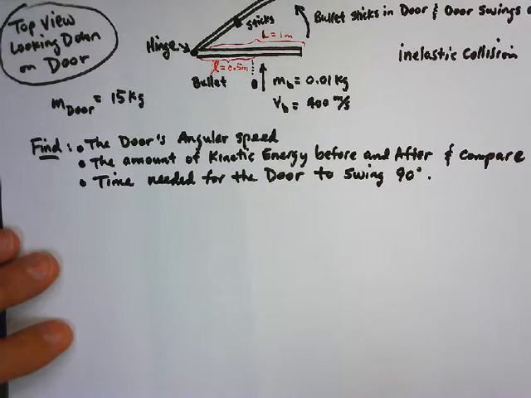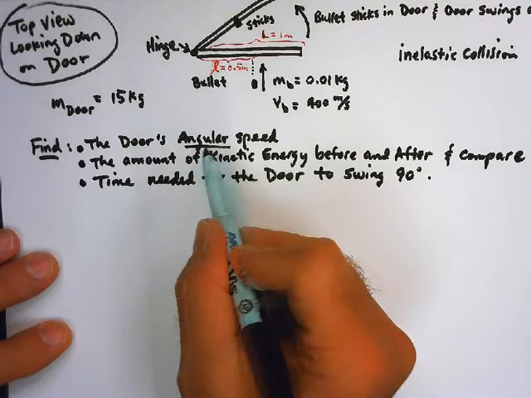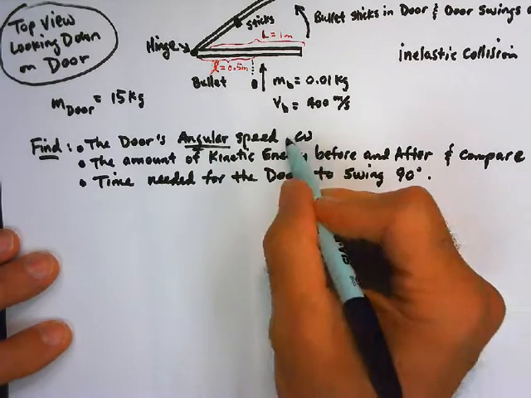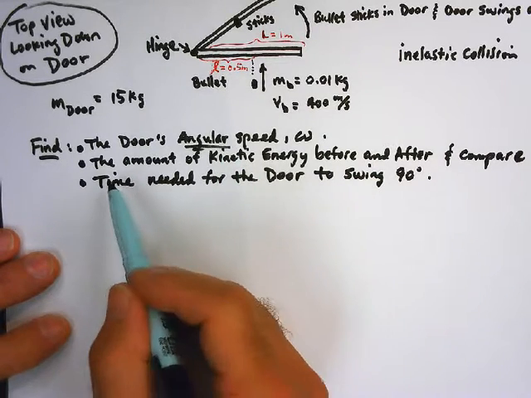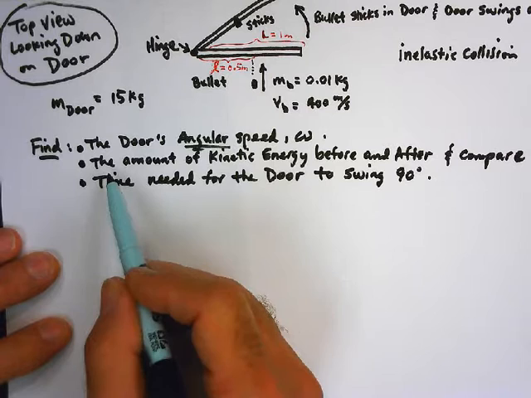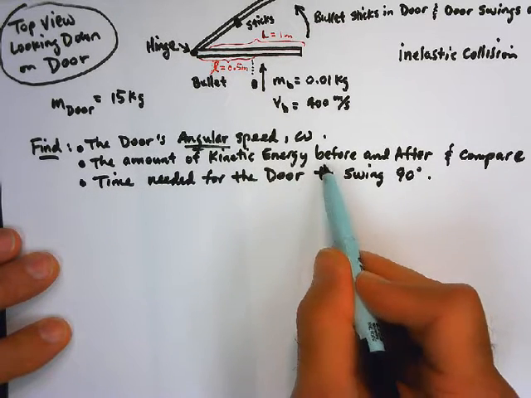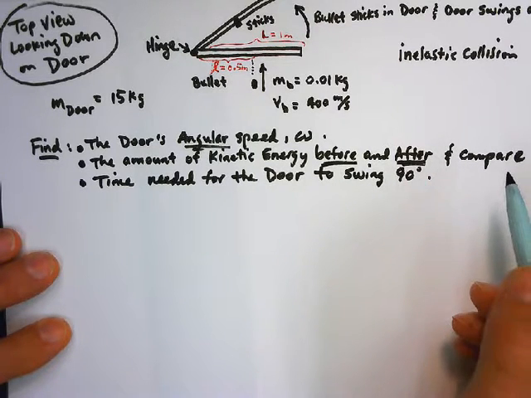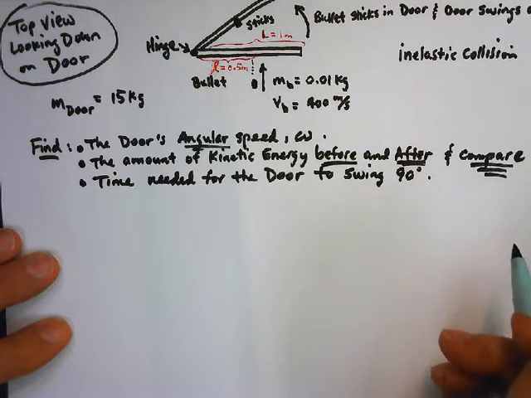Now, the question basically asks, find the door's angular speed. So that would be omega. Okay? And I'd like to ask you to also find the amount of kinetic energy before the bullet hits the door and after the bullet sticks in the door, and then compare the two kinetic energies.